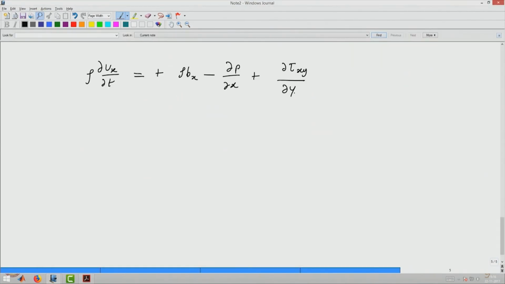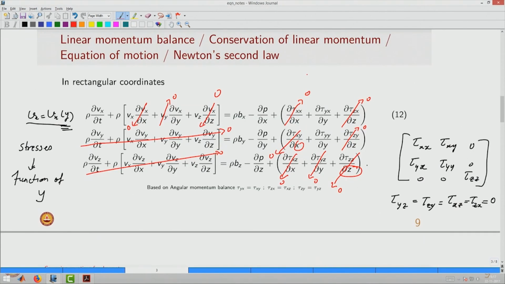We know that the stress tensor is symmetric, but to be consistent with our other sets of notes, we will continue to use tau yx. These are the only 3 terms which are possible on the right hand side for simple shear flow between parallel plates.